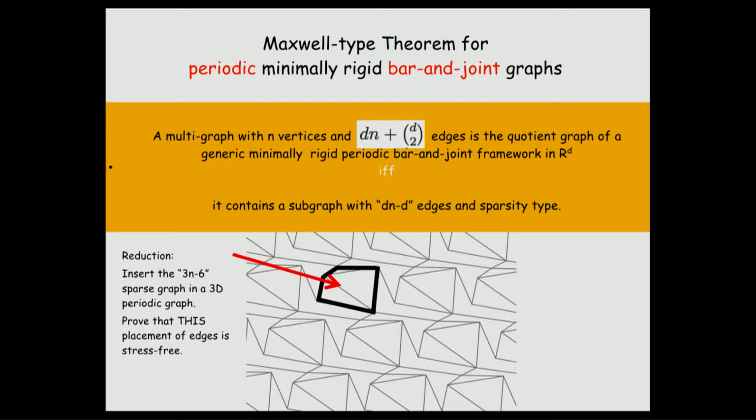And then you have to prove that displacement of edges is stress-free. Good luck. Okay, so it's a hard problem. We don't have a solution, but this is, to the best of our knowledge, the most promising approach so far. Not that we have a solution.